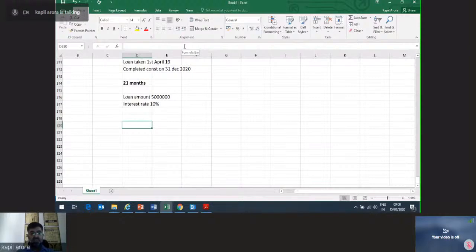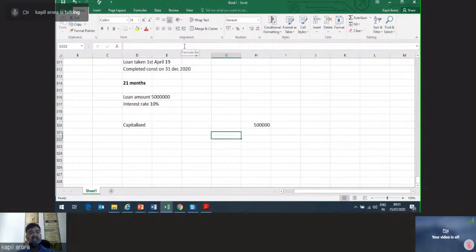How much interest to be capitalized? The interest which we are going to consider here would be 50 lakh into 10%. 5 lakh is the interest, but I have to add it for 21 months.